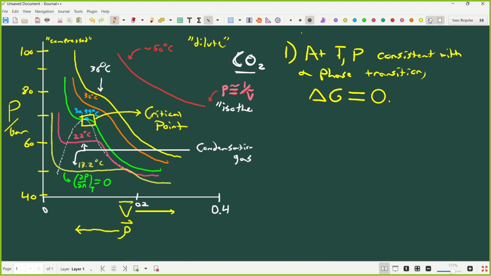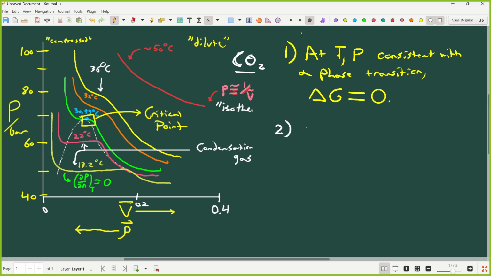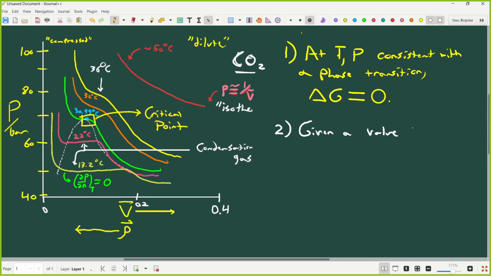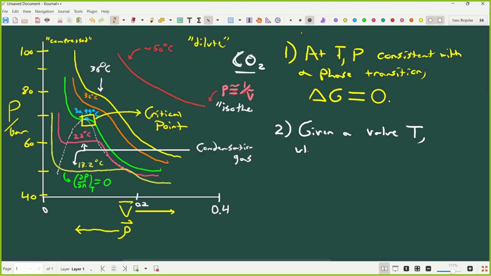All right, so one of the questions we need to ask now is, given a value of P or T, let's say T, what pressure do we need such that delta G for the phase transition is 0?